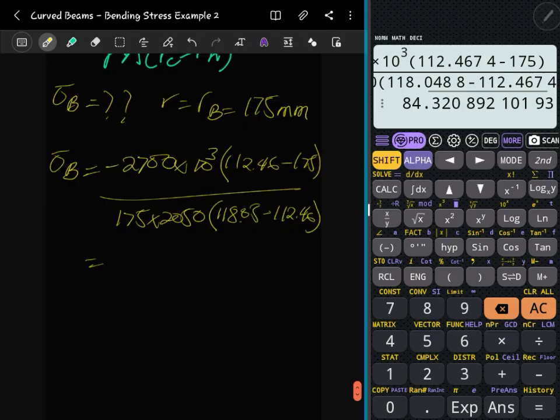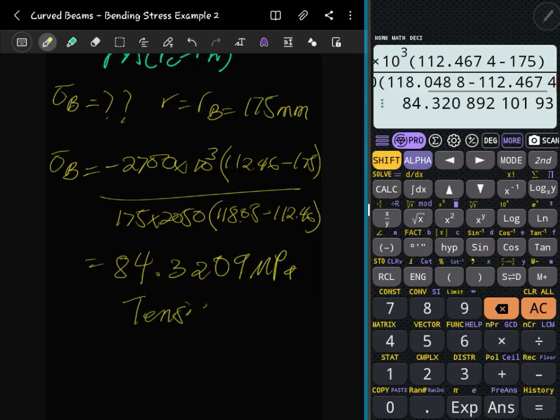This will give us, because we've used millimeters for all the length units, about 320.9 megapascal. Because it's positive, it means it's actually in tension.